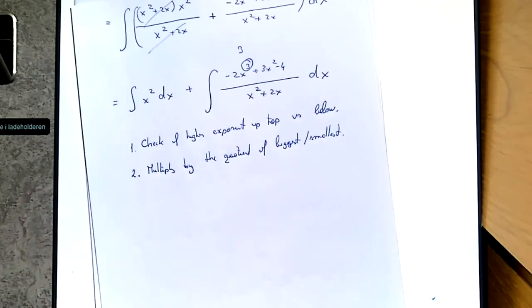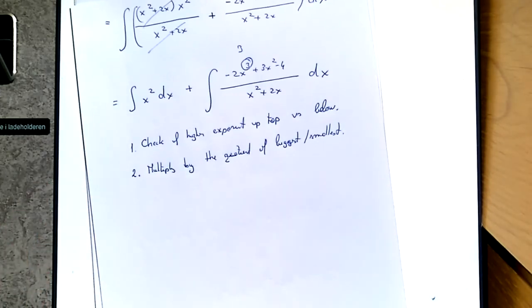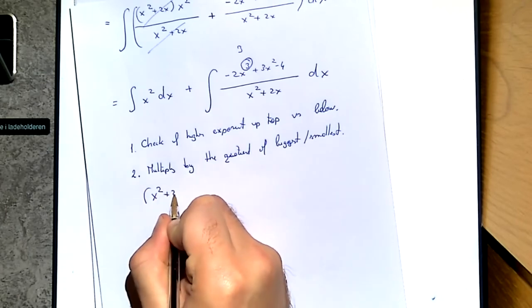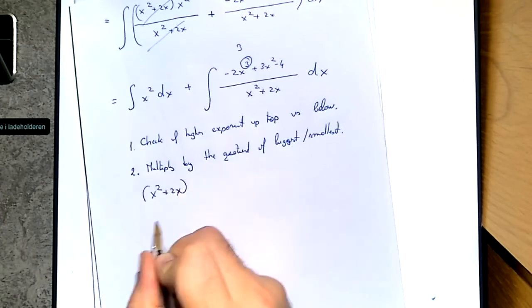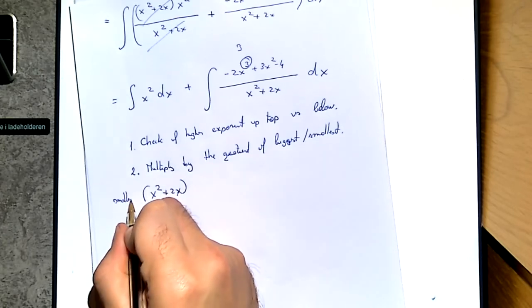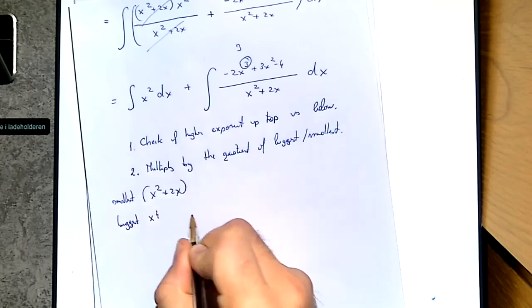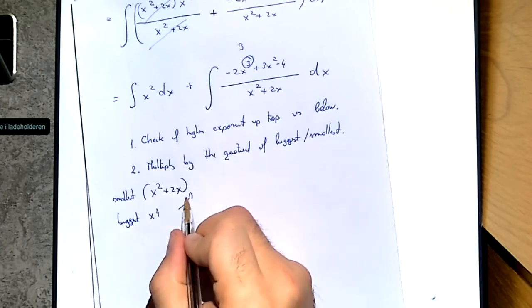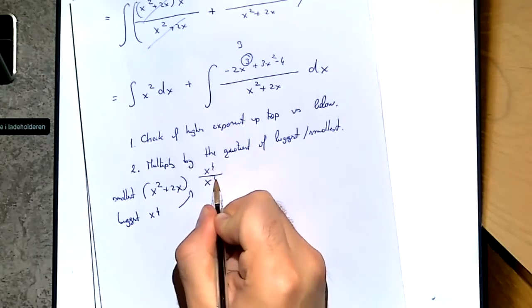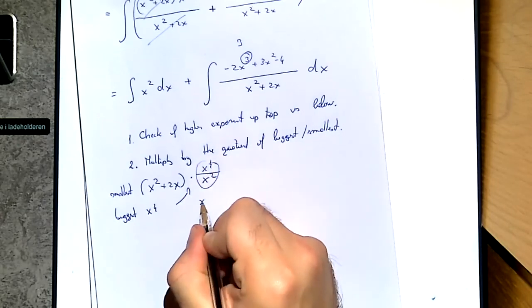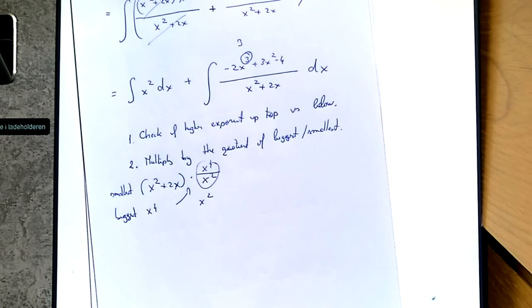I mean that in our case we multiplied. Remember, I'll quote the previous example. I had x squared plus 2x. Okay, this is the smallest. The biggest is x to the fourth. So I just multiplied by the biggest over the smallest thing. I just multiplied by this x squared. Okay. Multiply by the quotient of biggest to smallest.